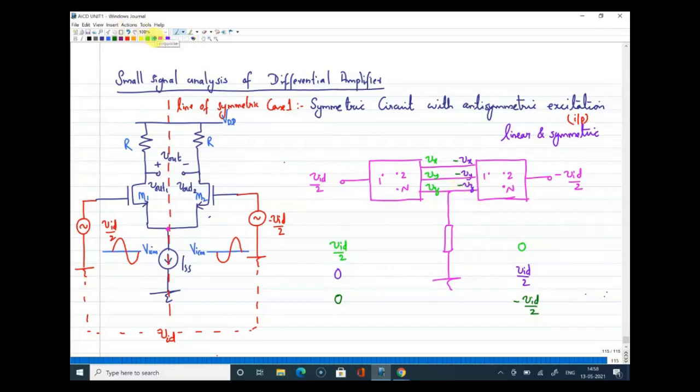Now, if I combine these two voltages together, that is, if I provide Vid by 2 here and minus Vid by 2 together, can you tell me what will be the voltage in the line of symmetry?